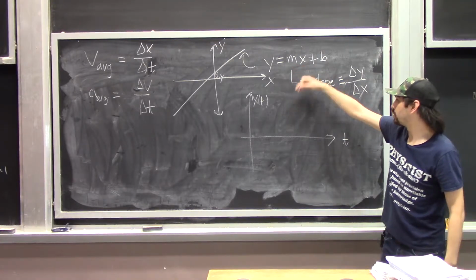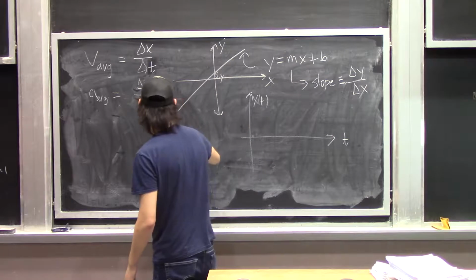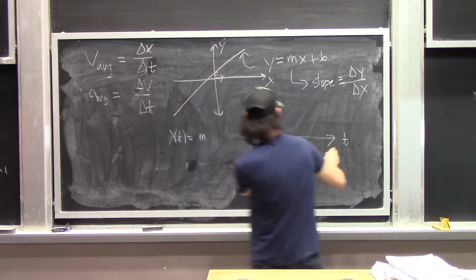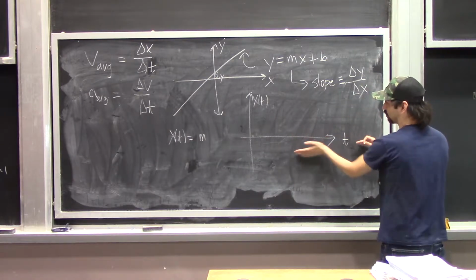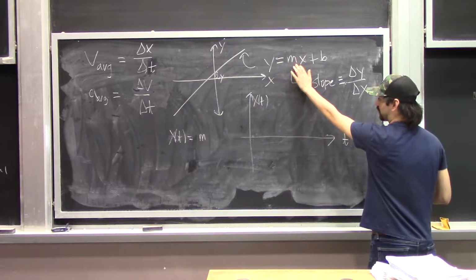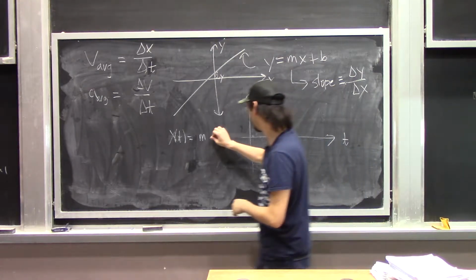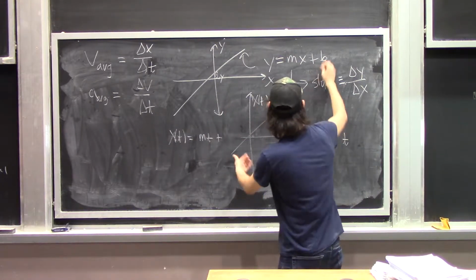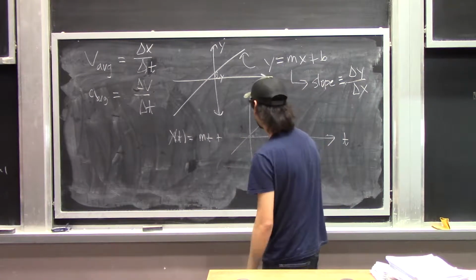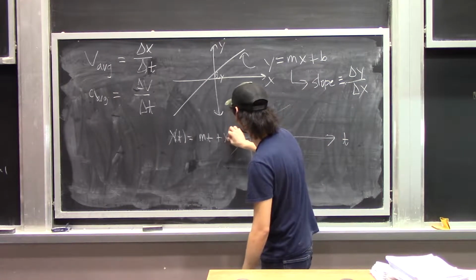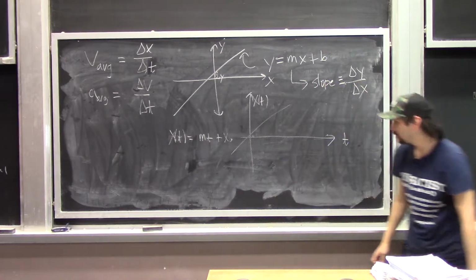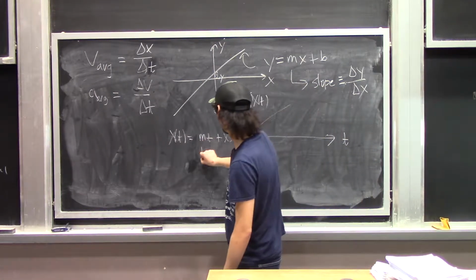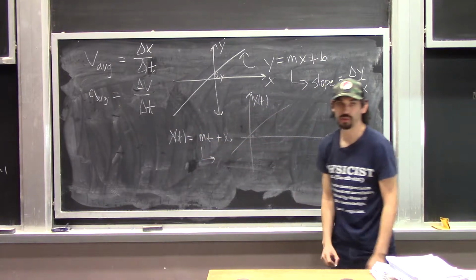Well, I can say that x as a function of time is equal to the slope, m, times the variable on the horizontal axis, which in the first case was x and in this case is t, plus the y, or in this case the x of t, intercept. We're not particularly interested in this, but I can say it's some initial position, x0. So for these variables, how can I write the slope?